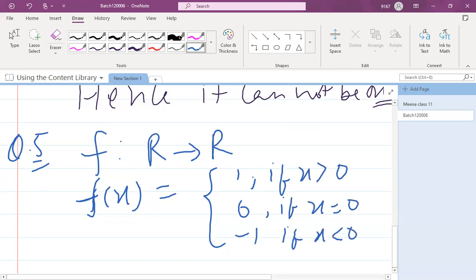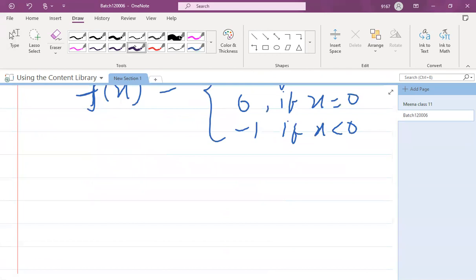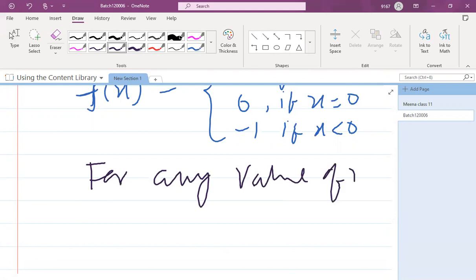It's very clear that for any value of x greater than 0, f(x) is 1.